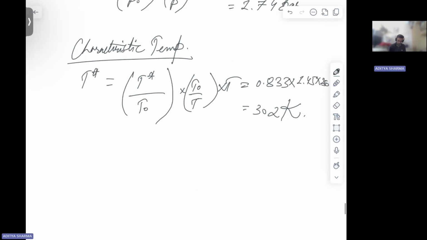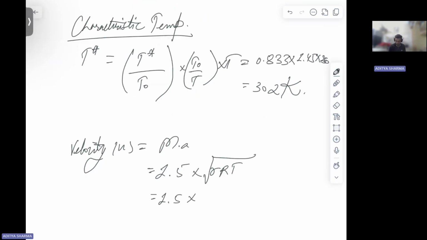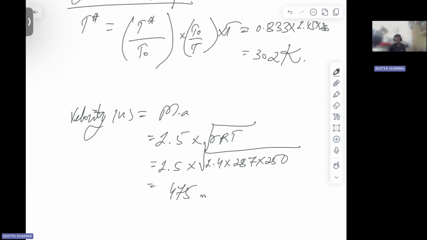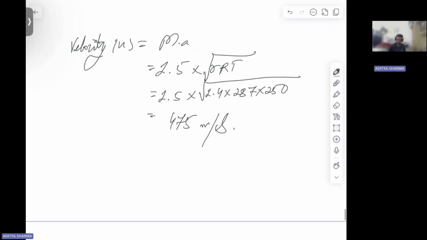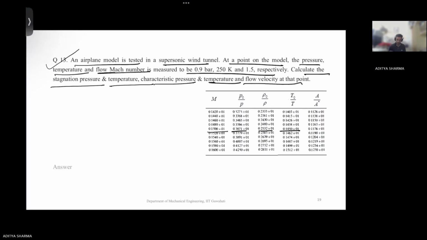Now talking about velocity. Velocity is Mach into A, where A is root of gamma RT. So Mach is given as 1.5, so this is 1.5 into root of 1.4 into 287 into 250. So if you calculate this, this will approximately come out to be. So this is for your question number 13.